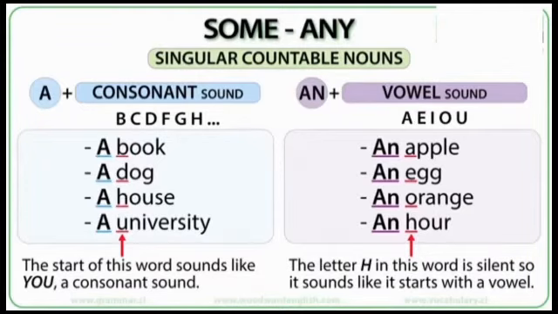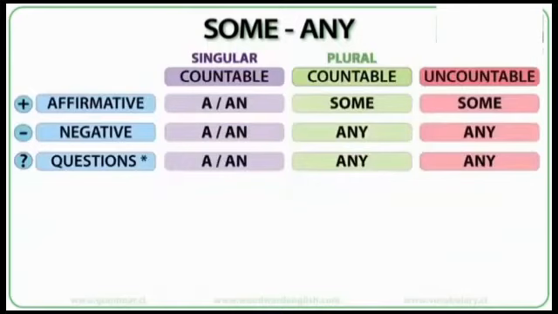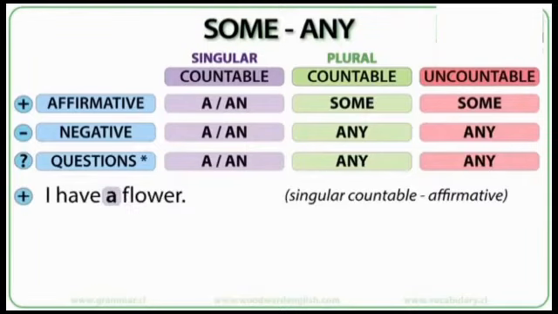Let's look at the summary chart. It's divided into singular countable nouns, plural countable nouns, and uncountable nouns. I will explain each part in a moment. I have a flower. Flower is a singular countable noun.